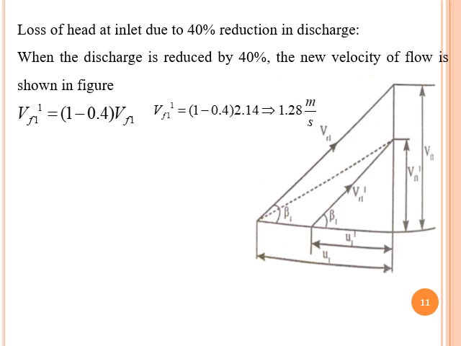So now the loss of head at inlet to the impeller is calculated by using the expression (u1 minus u1 dash) whole square by 2g. Here u1 represents the initial velocity and u1 dash represents the new velocity.